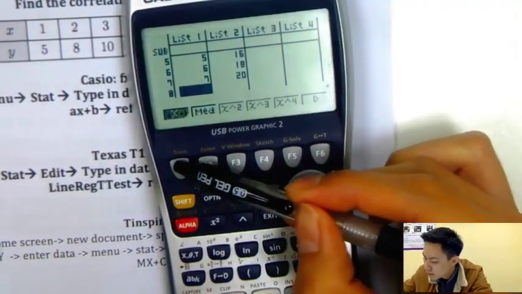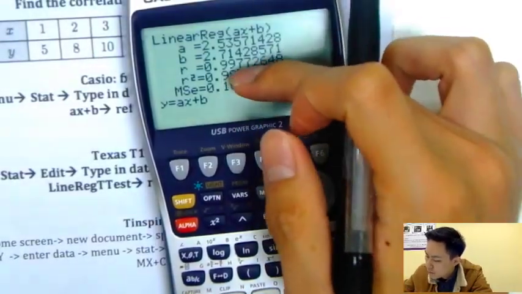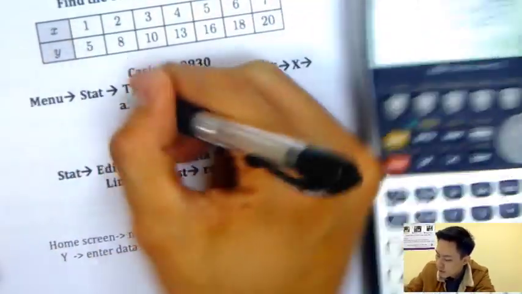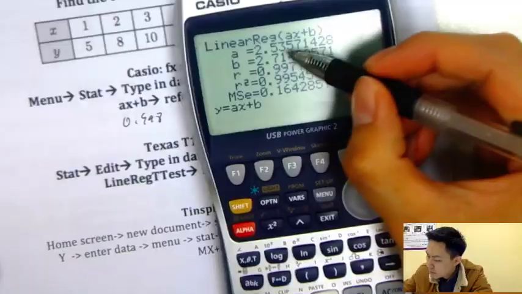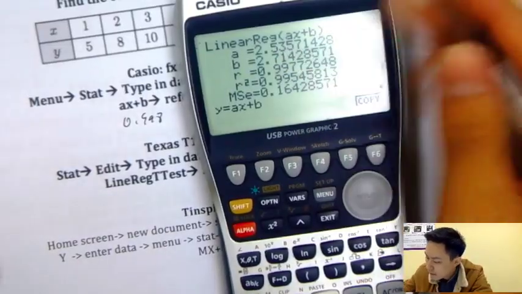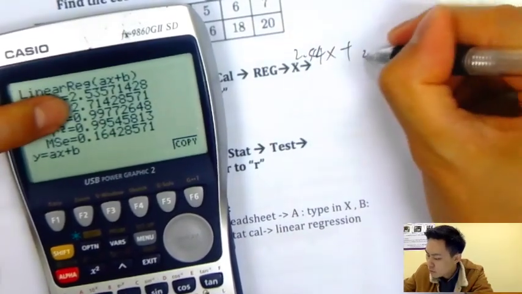You see X, you just press X, and then aX plus b. The R value would be 0.998. And the equation: a is 2.54, x plus b is 2.71.